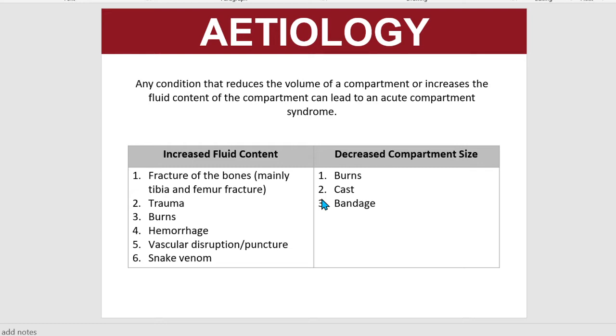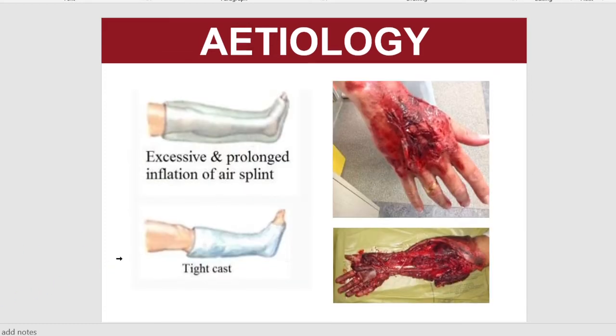So there are two concerns: the swelling and the shrinking of the fascia. The inner structures, especially the nerves and blood vessels, will be compressed because of the buildup of fluid within the fascia that shrinks. Increased fluid content results from trauma such as fracture or burns, hemorrhage, vascular disruption, puncture, or snake venom. That would result in compartment syndrome.